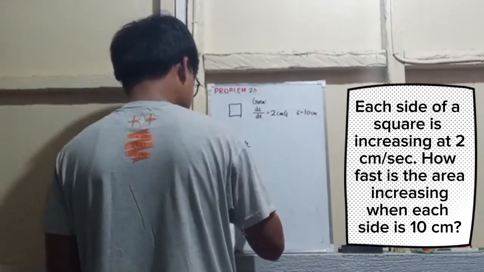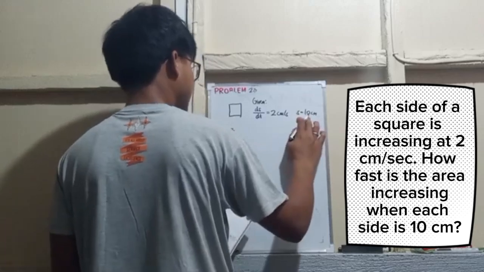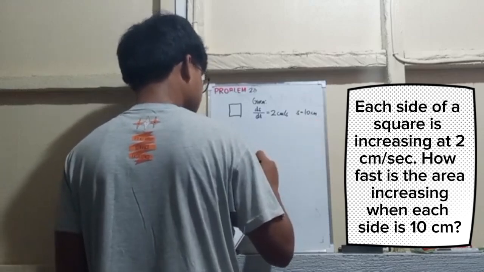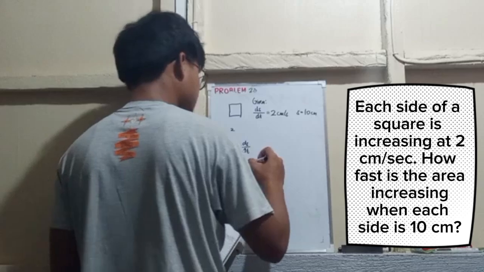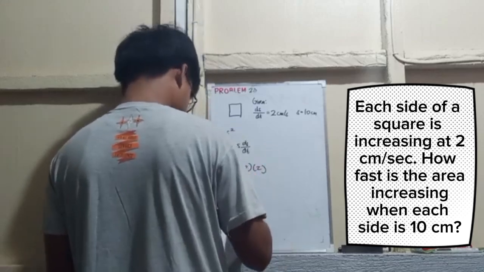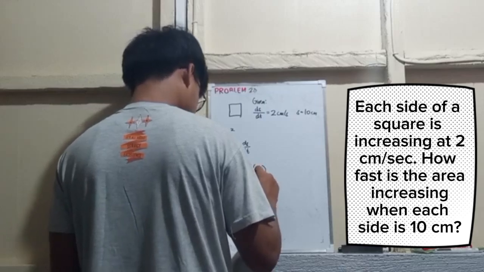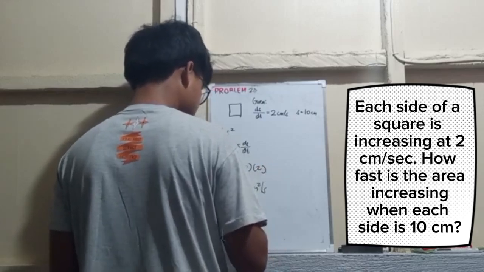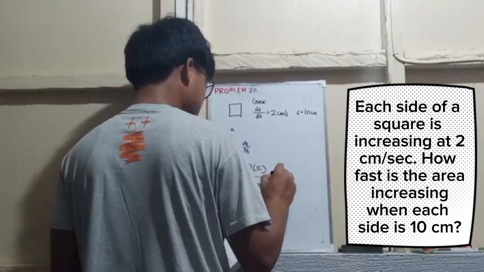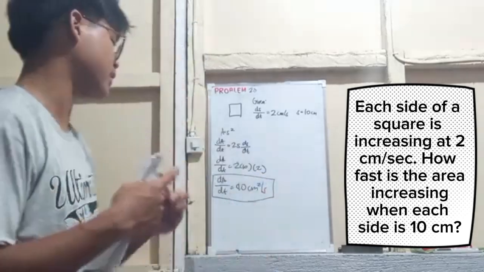So dA over dt is equal to 2, and s is equal to 10, and our ds over dt is equal to 2. Then solve, we will get the value of 40 centimeters squared per second. And here is our final answer on the rate of the area of the square.